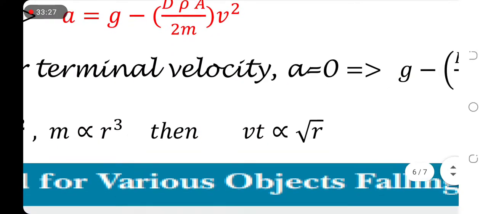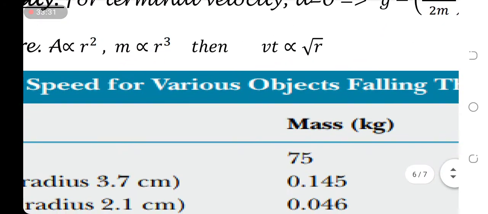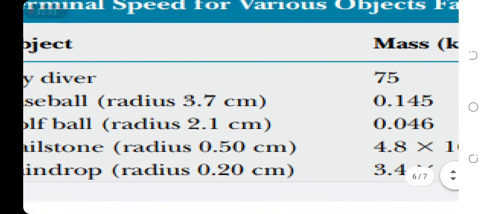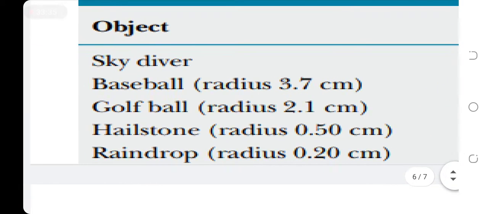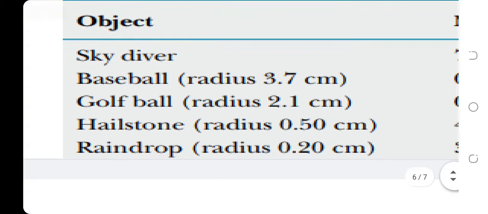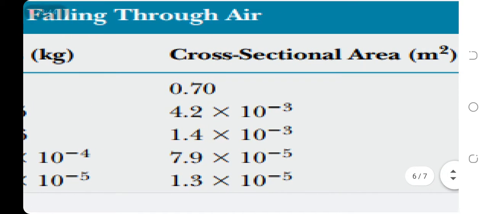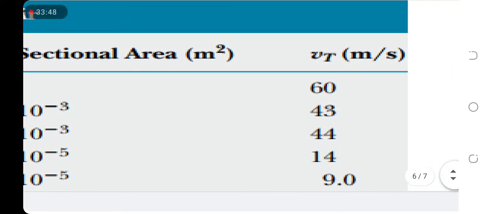Some objects and their corresponding terminal velocities; we take two objects as examples. The first one is the skydiver having mass 75 kg, cross-sectional area 0.70, and then the terminal velocity becomes 60 meters per second.